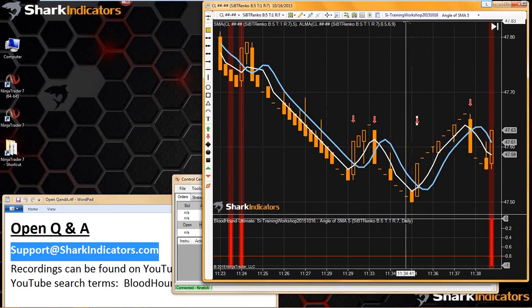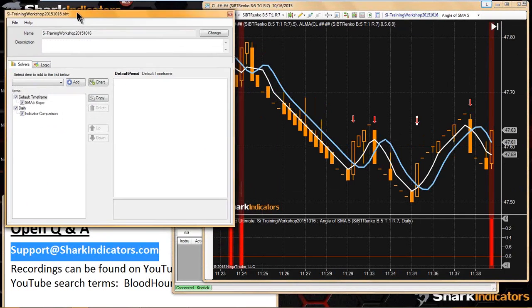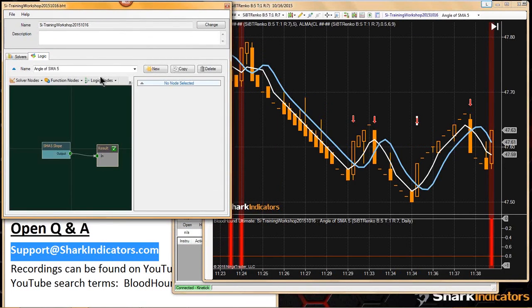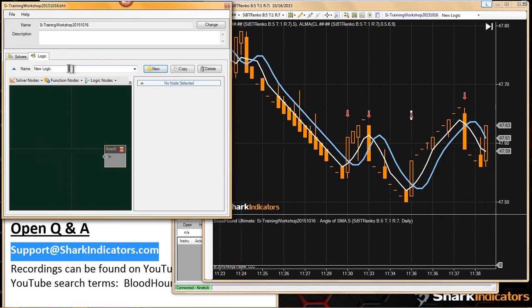Okay. So let's get BloodHound open and we'll build this. Okay, so we were going to build an exit trade when the bar body touches the ALMA indicator.